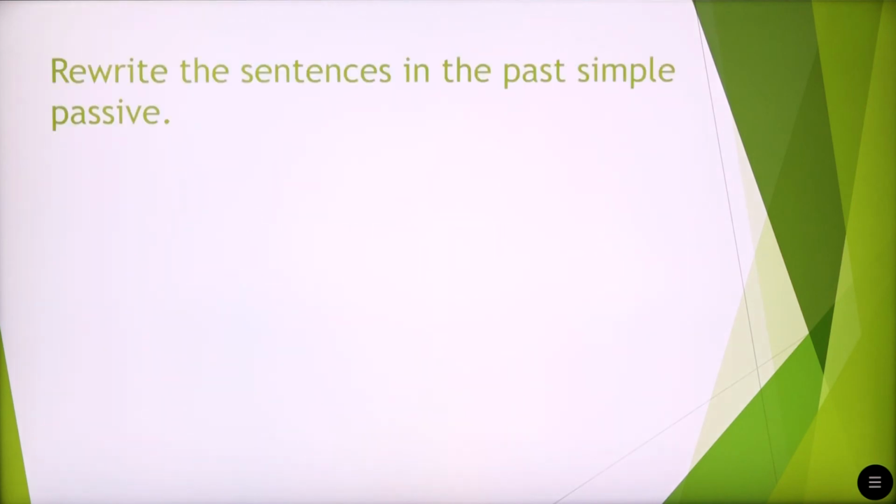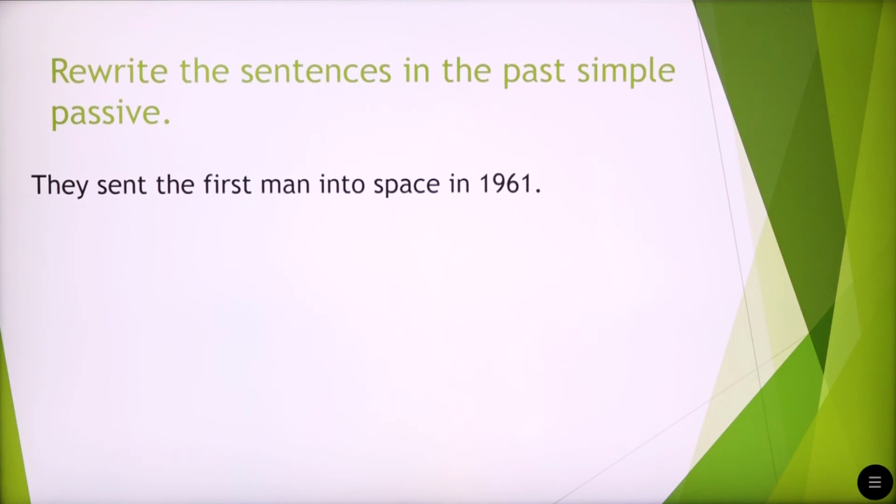And now we're moving to the other part of the exercises. Rewrite the sentences in the past simple passive. So we're going to provide you with some sentences that are in the active voice. You will try to change them into the passive voice. The first is, they sent the first man into space in 1961.